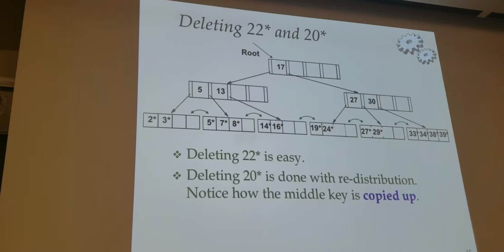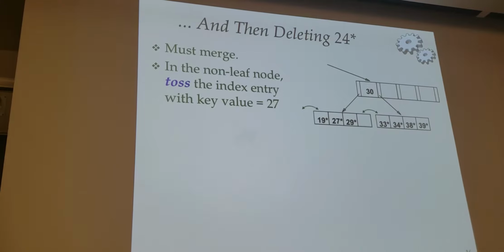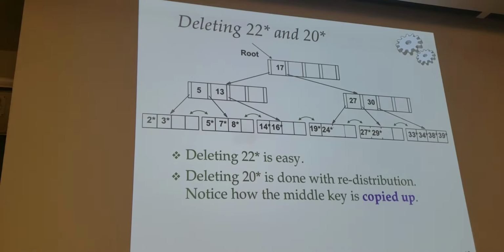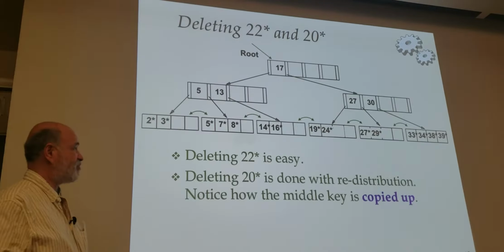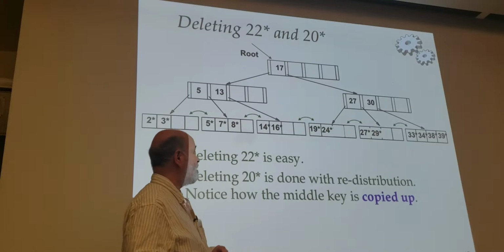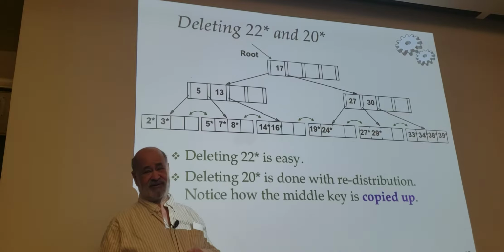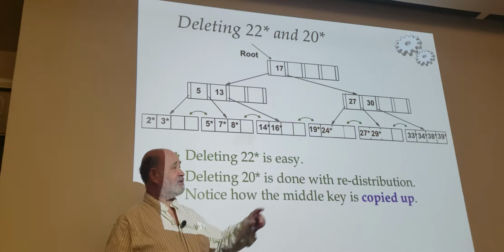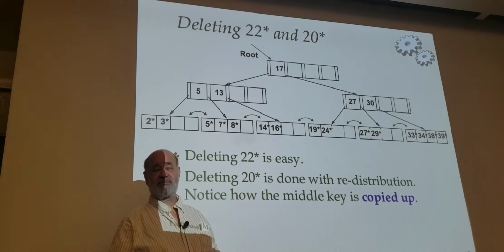Now let's suppose we delete 24. So again, now what we want to be able to do is delete the 24. When we delete the 24, and again, let me show you back over here, going up. We're going to delete the 24, and before I show you how it works, let's see what the problem is. The 24 reduces the number of things down below to 2.